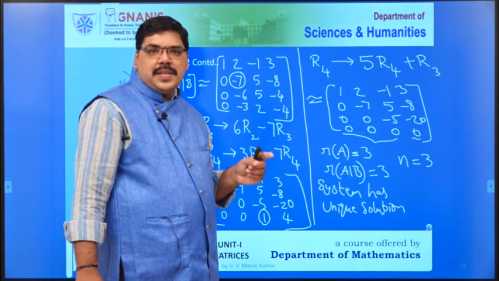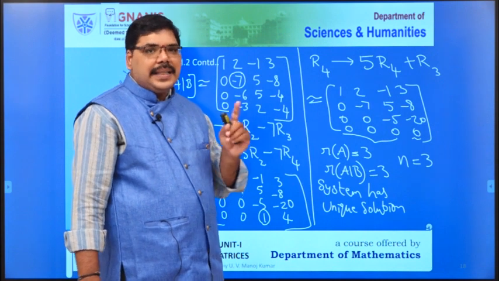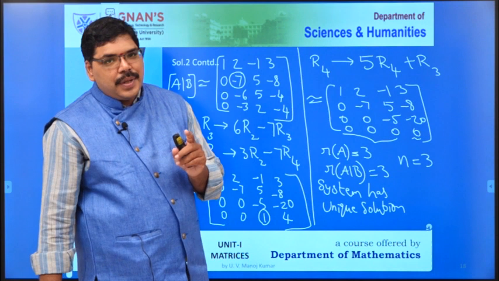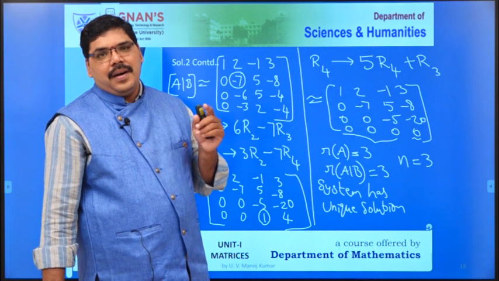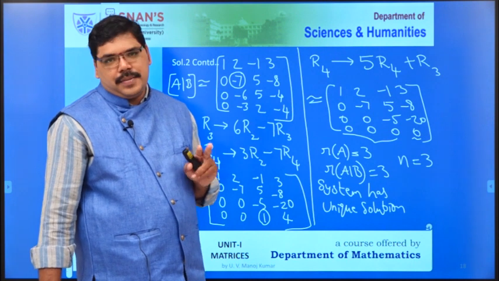The actual system of equations is written in matrix form. After writing it in matrix form, the augmented matrix is reduced into echelon form. Then we decide whether the system is consistent or not.